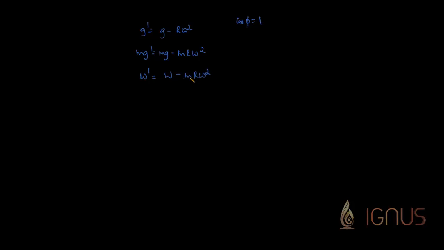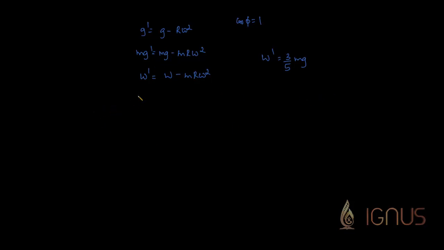Now it is given that the person should weigh 3/5 as much as the present. So w dash should be equal to 3/5 of mg, because we know that this is our true weight. So this will be 3/5 of mg.